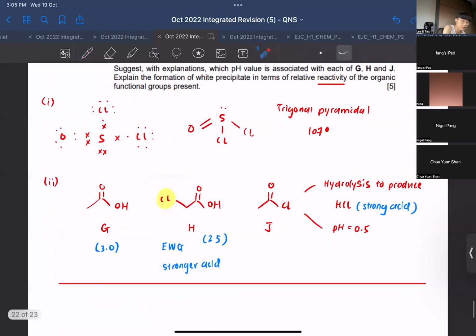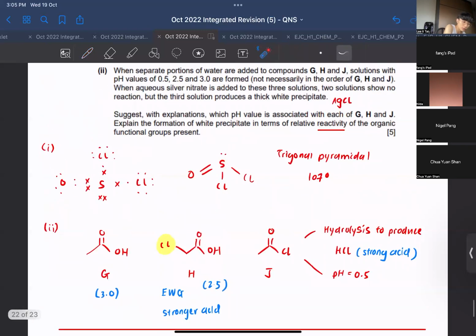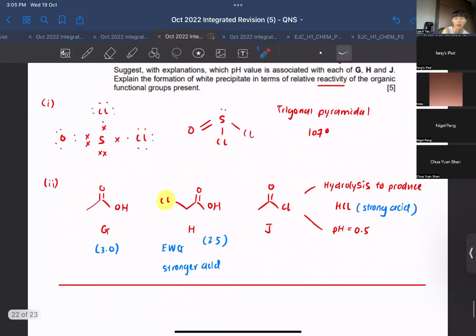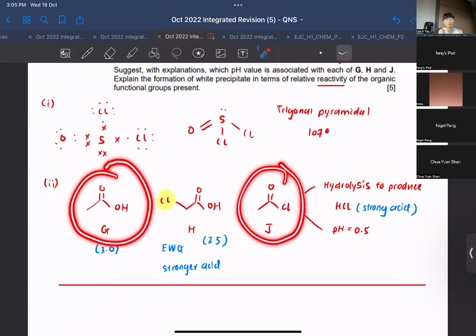First of all, you need to understand that only one of the solutions produces a thick white precipitate. And based on the word reactivity, we should know that solution has to be from your acyl chloride. Acyl chlorides are, after all, the most reactive functional group. But what are you supposed to compare this with? If you compare this against this, it is wrong.